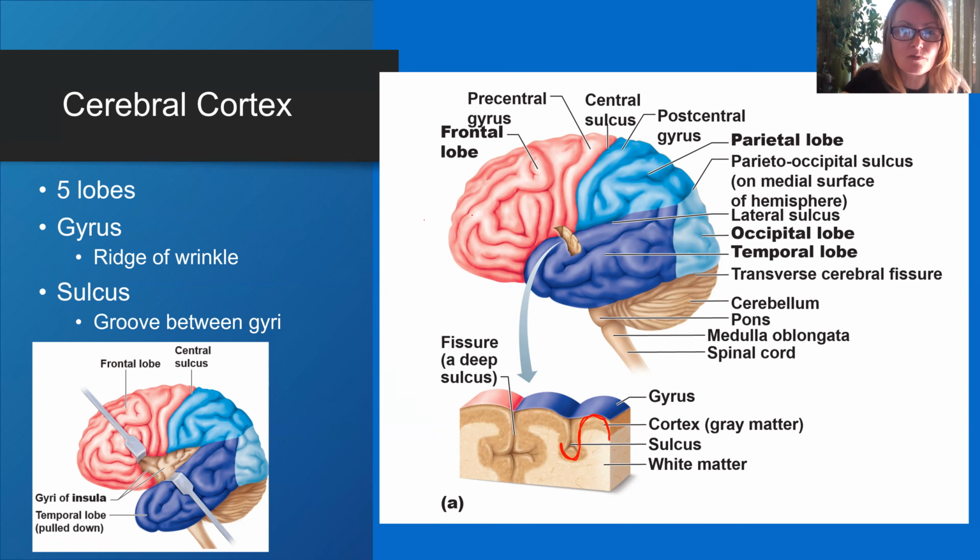We have the frontal lobe, parietal lobe, occipital, temporal, and in between the frontal and temporal, this lobe inside is called the insula. Because we have 2 hemispheres, we have 5 lobes in the left hemisphere and 5 lobes in the right hemisphere.